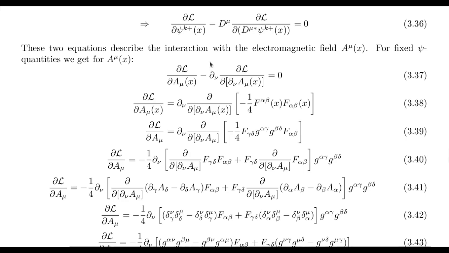But here with normal partial derivatives, if we would have a covariant D here, that means we would have another field in the D. That's nonsense. Here we have the usual partial derivatives.